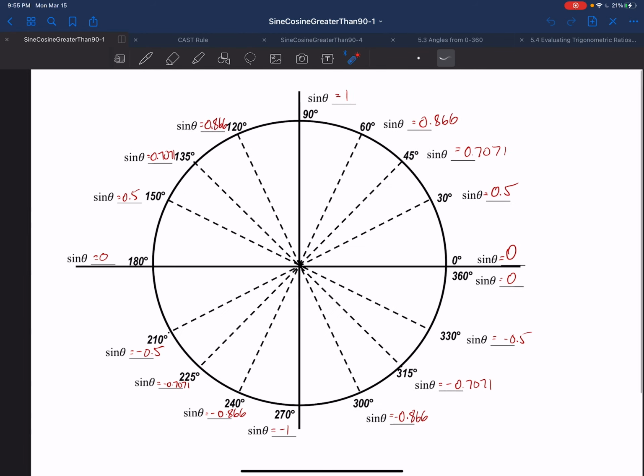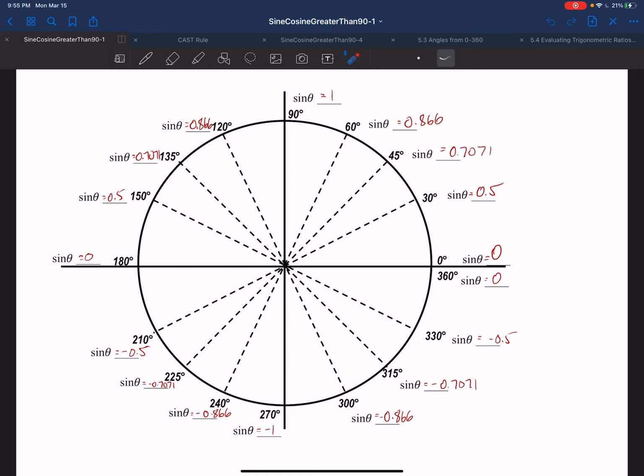So we get all the same ratios recurring over and over again, 0.866, 0.866, 0.866, but some are positive and some are negative. These are the sine ratios of all of these angles. Now, it works for other angles too. I just chose 30, 45, 60, 90, and 0 because these are special angles.